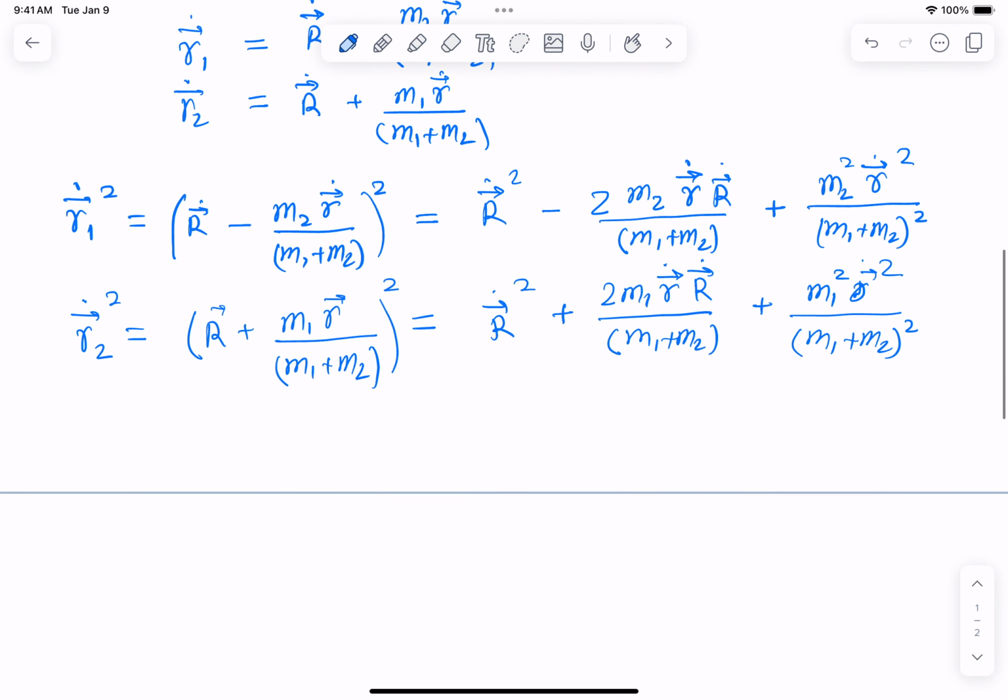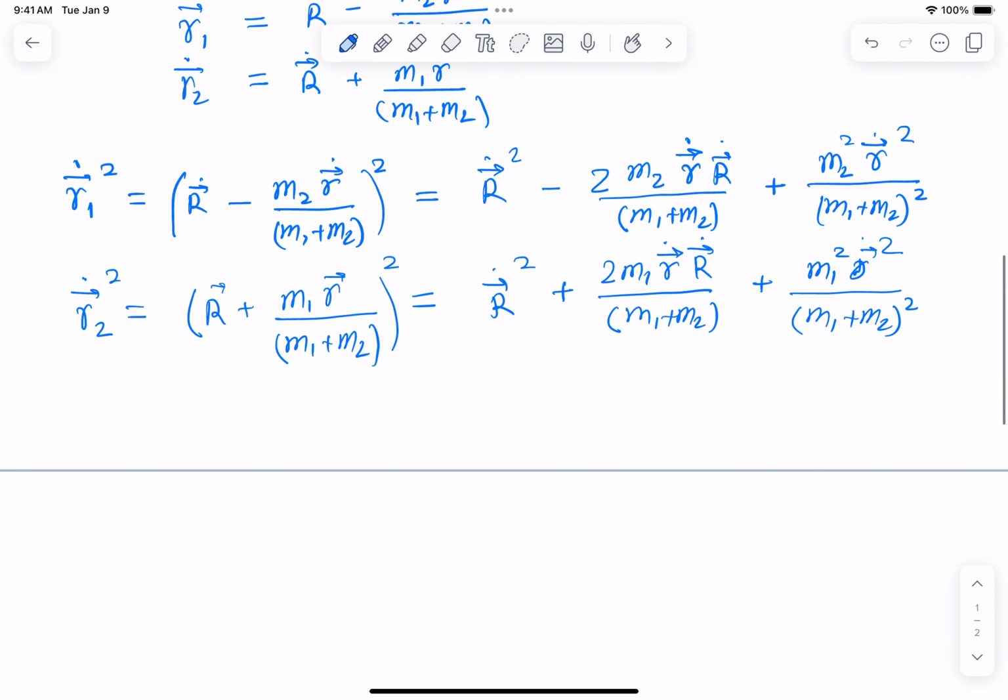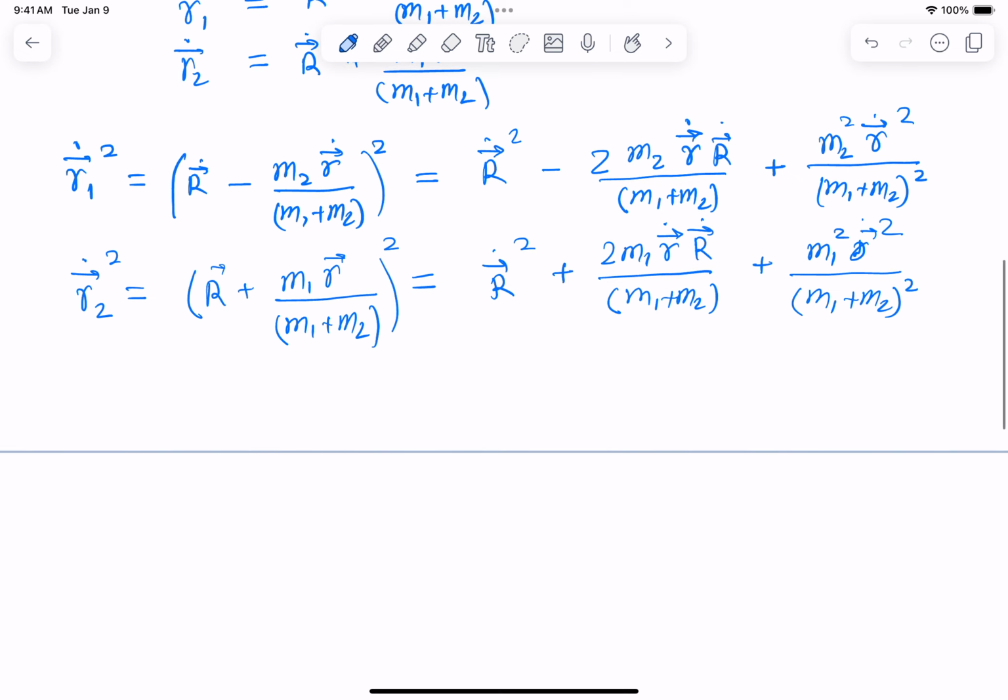So let's write that down. What we need is half of m1 r1 dot squared plus half of m2 r2 dot squared. Okay, so what is half of m1 r1 dot squared? We already have r1 dot squared, which is here. So let's write what would be half of m1 r1 dot squared.